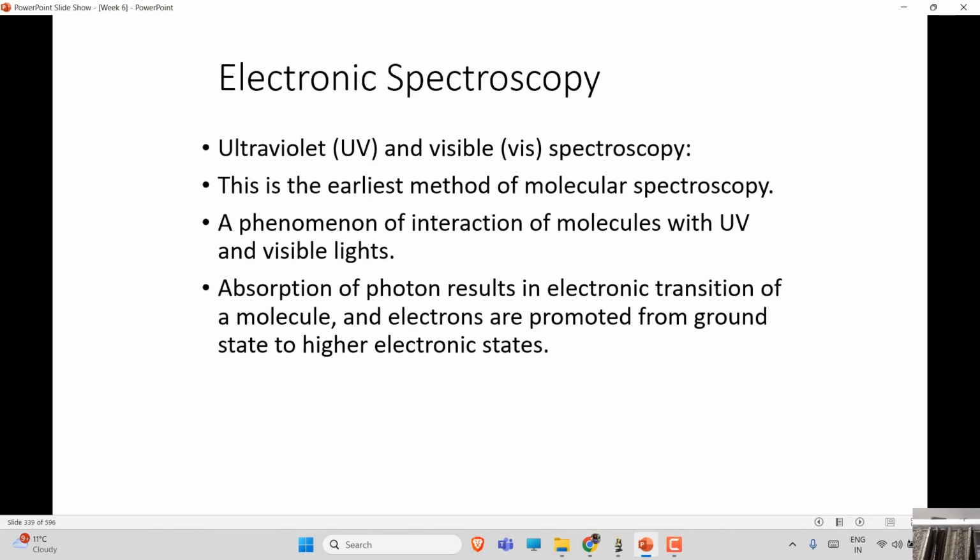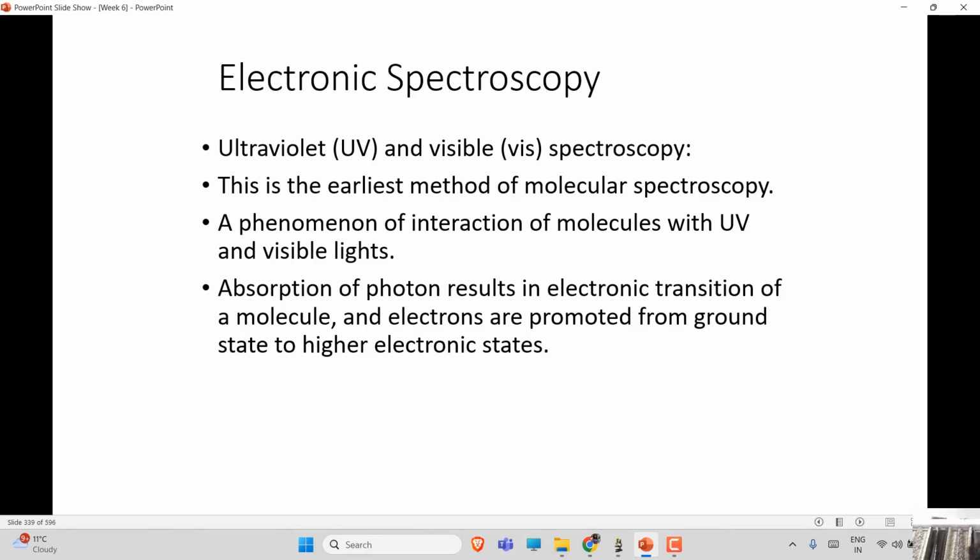Okay, so let's discuss electronic spectroscopy. If you know ultraviolet and visible spectroscopy, this is the earliest method of molecular spectroscopy, the phenomenon of interaction of molecules with UV and visible light. Absorption of a photon results in electronic transition of a molecule, and electrons are promoted from the ground state to higher electronic states, right?